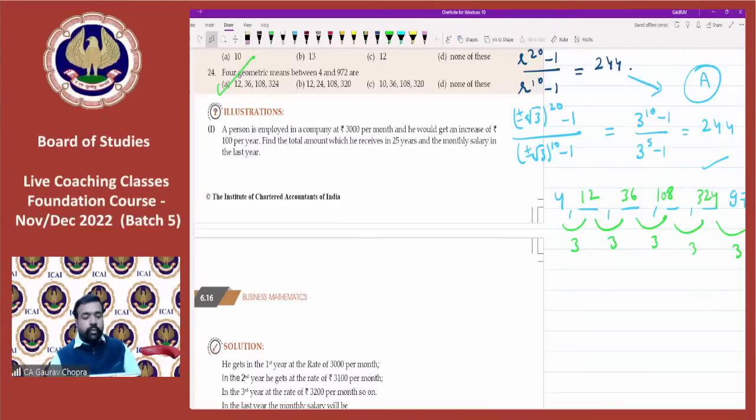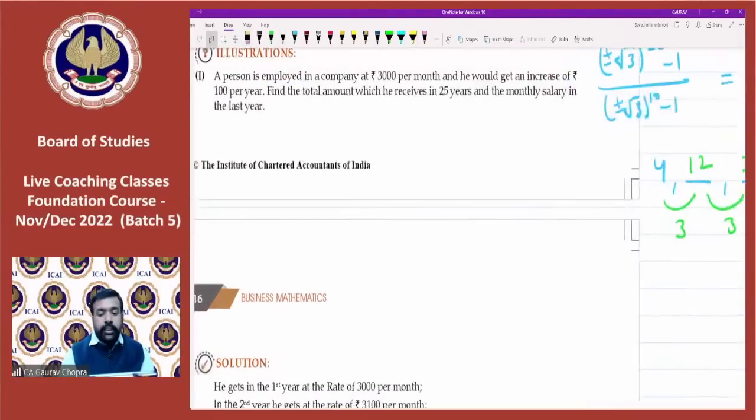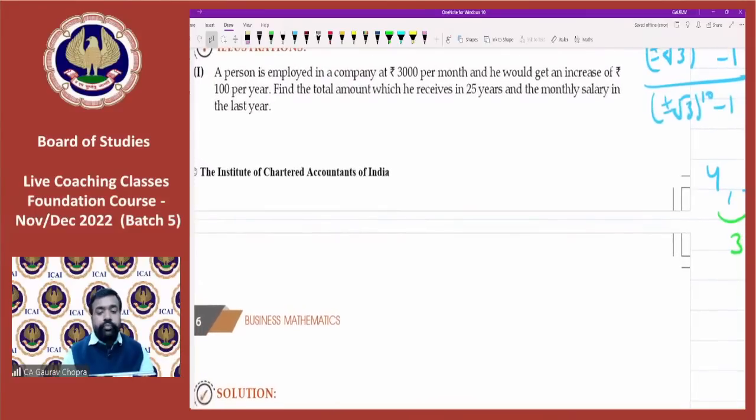Then let us try some word problems also. Illustration first is given. A person is employed in a company at rupees 3,000 per month. So the person is getting a salary of rupees 3,000 monthly, and he would get an increase of rupees 100 per year.